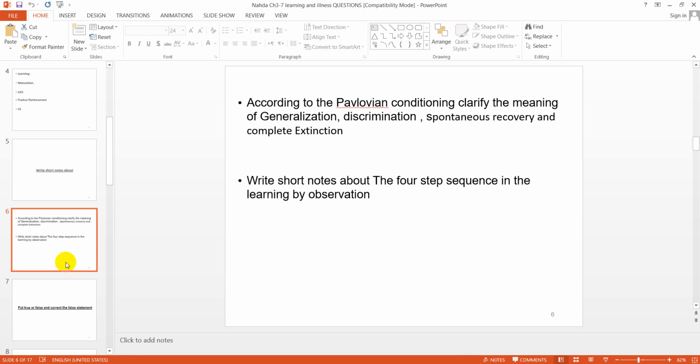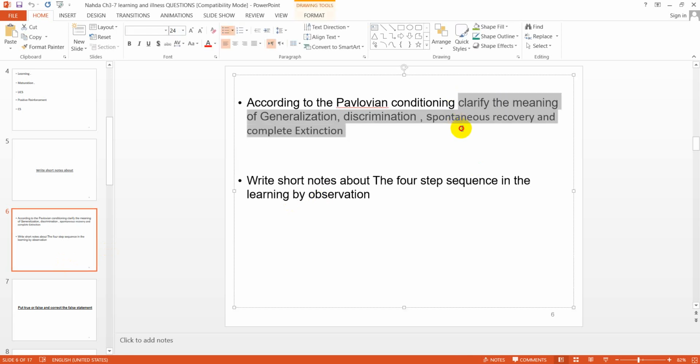Now write short notes about the following terms, or concepts, or phrases. Write short notes about generalization. Clarify the meaning of generalization, discrimination, spontaneous recovery, complete extinction. And also write short notes about the four step sequence in learning by observation.